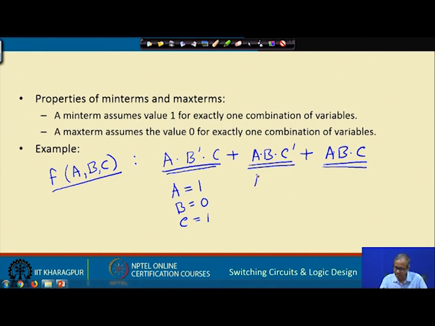Similarly, for the second one we require a equal to 1, b equal to 1 and c equal to 0, and for the third one we require a equal to 1, b equal to 1, c equal to 1. So, for exactly one combination of the input variables, a particular min term will assume the value of 1.